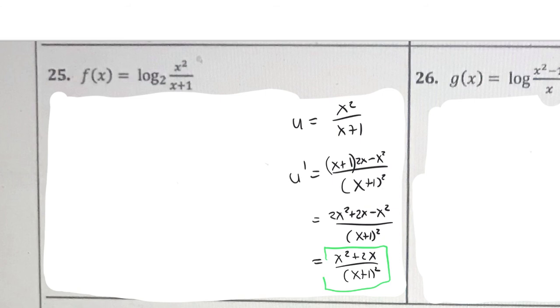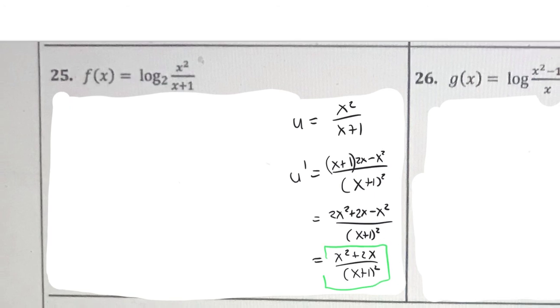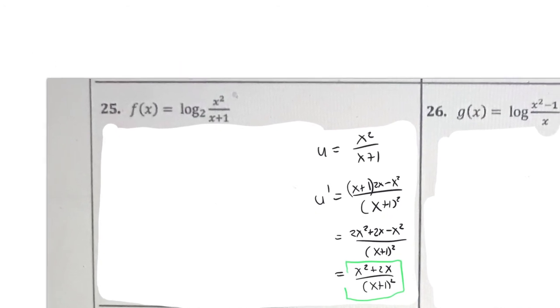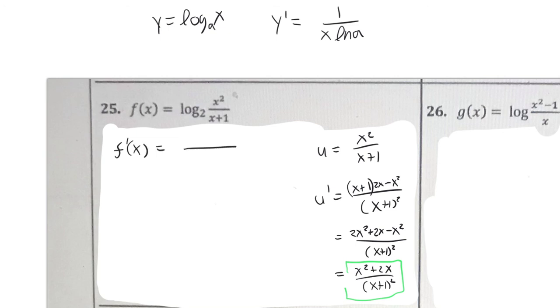So when you do the derivative, it's going to be that same deal where if your original thing is this, then the derivative is going to be 1 over x times ln of a, right? So that's what we're going to do here. We're going to have f prime of x is going to be certainly some numerator, right?